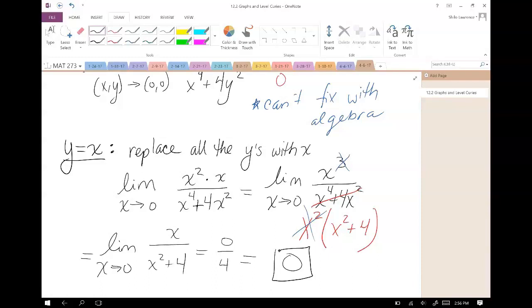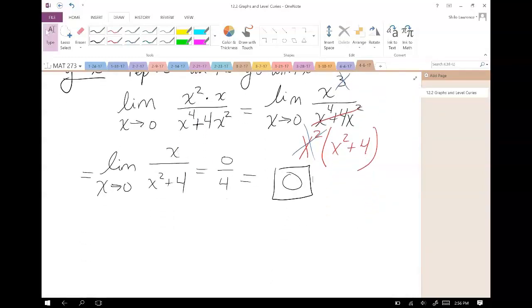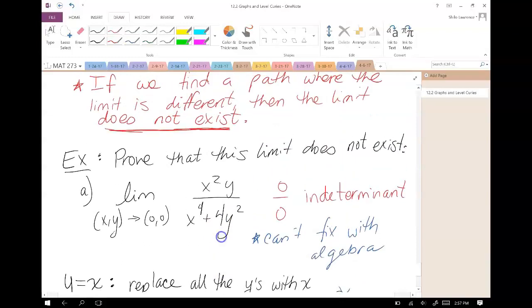Now we need to find another path where we get a different answer. We need another graph in the xy plane that goes through (0, 0). y equals x squared also goes through the point (0, 0). So that means we're going to replace all the y's with x squareds. So go back to your original. Replace all the y's with x squareds.